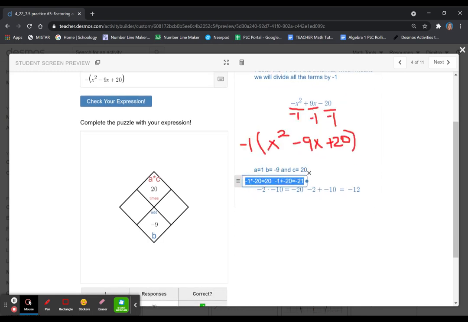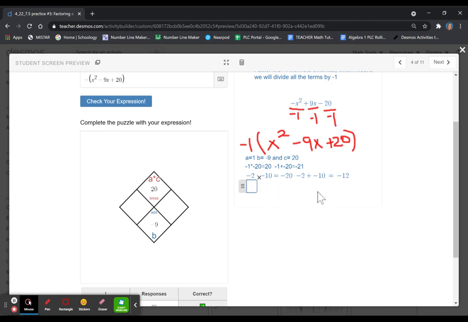All right, let's try another one. So far those aren't working. What about 3? Does 3 go into 20?